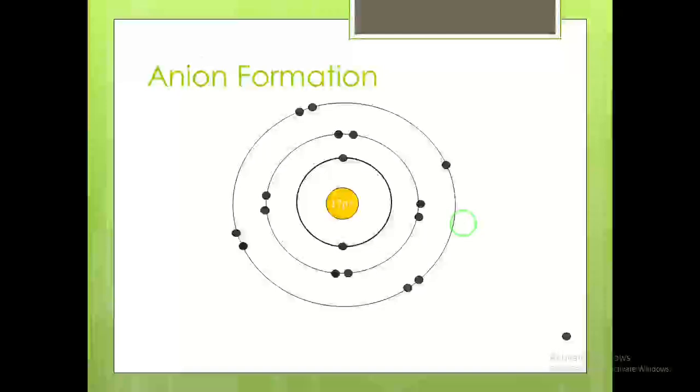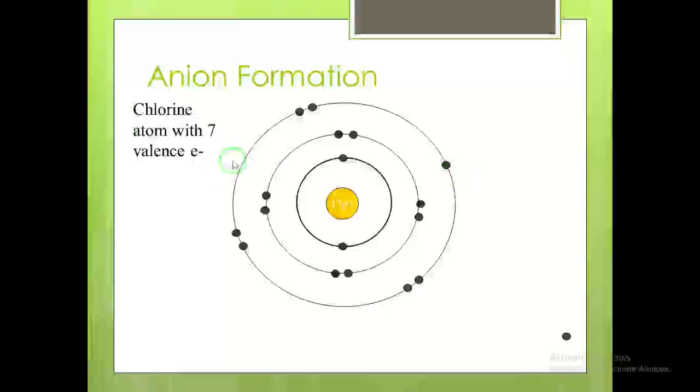But for the formation of anion, you can see an anion has a lot of electrons. It cannot lose all of these electrons. No, it's too much for it to lose. Instead, to form a stable octet, the easier way for it, since it already has 1, 2, 3, 4, 5, 6, 7, is to just take an extra one to make itself 8. So it's going to collect one electron. And once it collects one electron, since the proton remains the same, it's going to lead to a bigger radius.